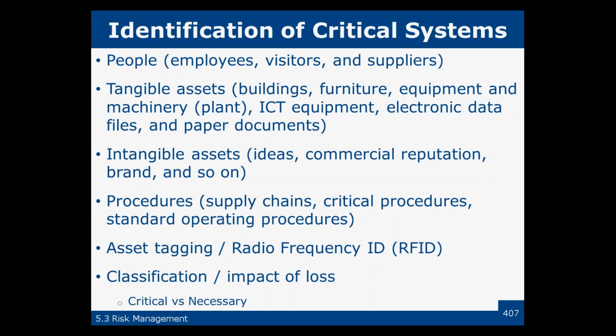And then we're going to classify the assets and their impact or loss, and they're going to be classified as critical or necessary. Critical, obviously, going to be the highest on the threat list, and necessary things that we would really want to have.